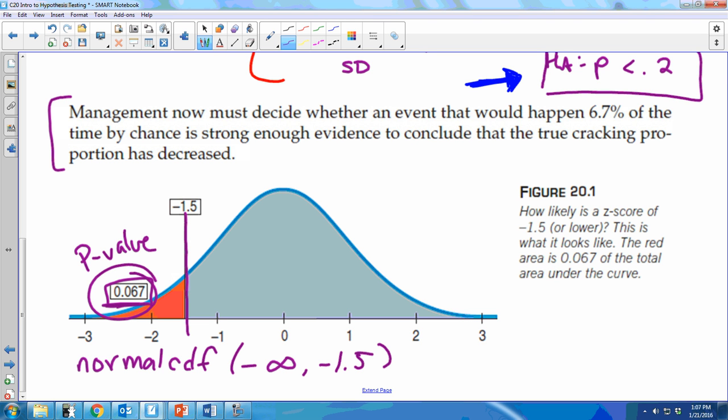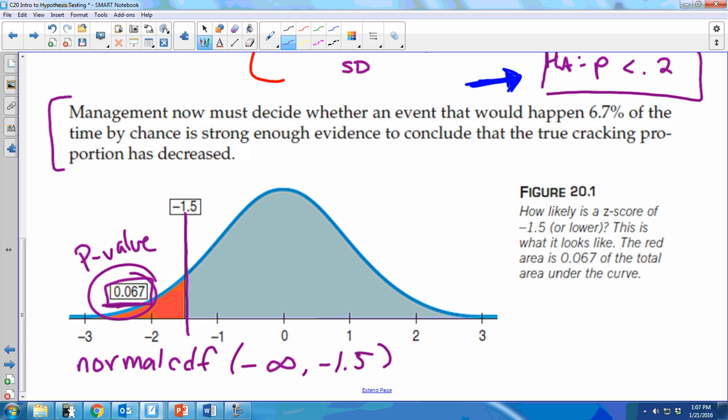So 6.7% of the time I could get a sample result of 17% cracking. So management must now decide whether an event that would happen 6.7% of the time by chance is strong enough evidence to conclude that the true cracking proportion has decreased.